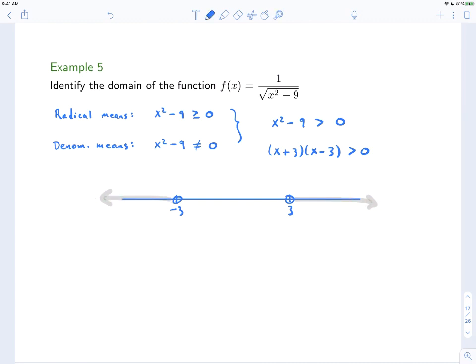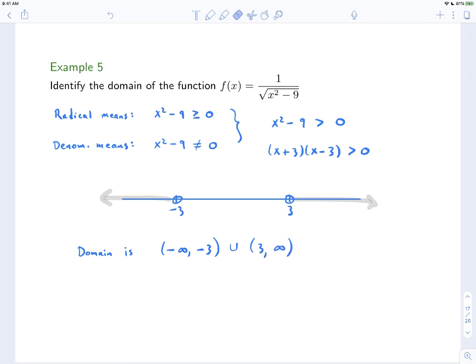So in interval notation, that tells us that the domain is, well, if I'm using the word is, I don't need to write out equals. The domain is the set negative infinity to negative 3, excluding negative 3, and then union 3 to infinity.